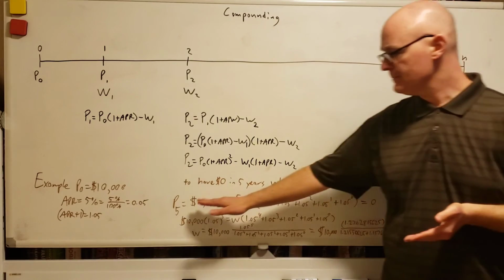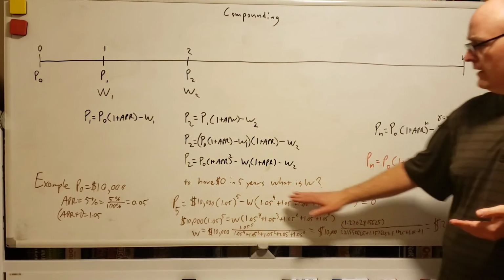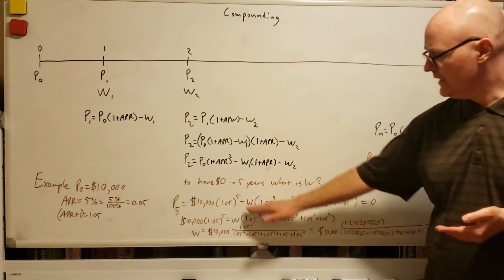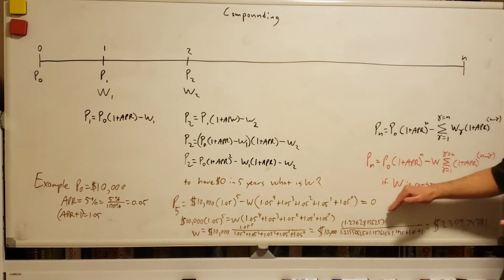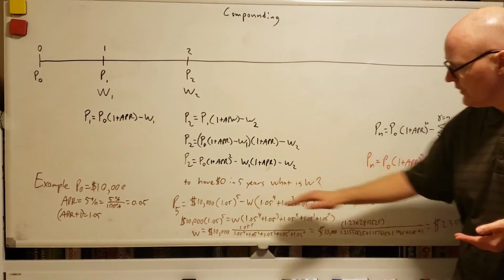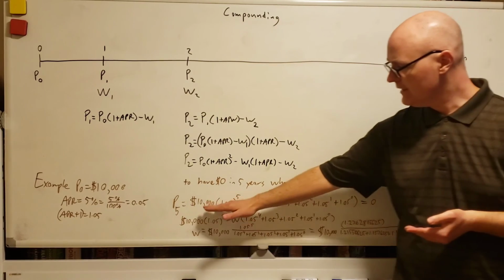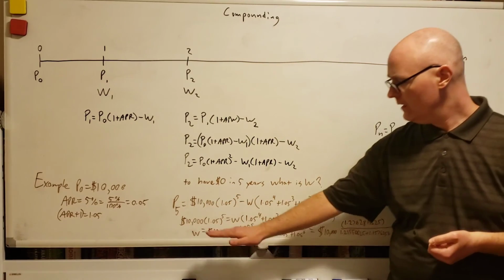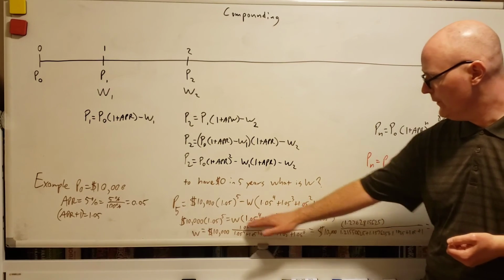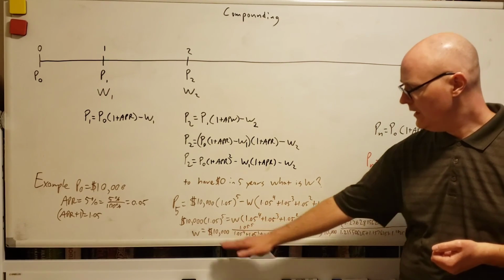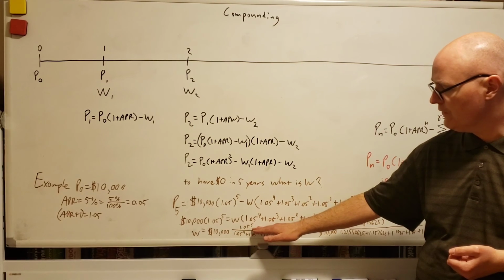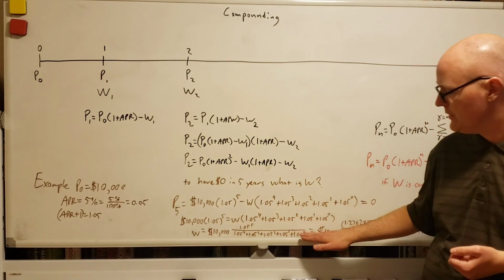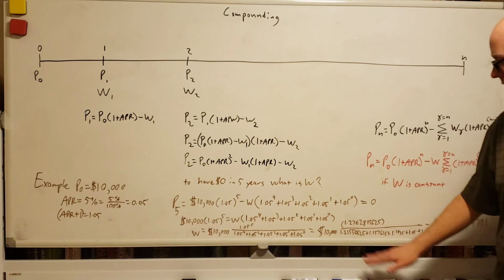So now it's just algebra. If I add this term to both sides, now I have a positive this term on this side, leaving this behind. Divide through by this term, and I have 10,000 times 1.05 to the 5th divided by the summation terms.